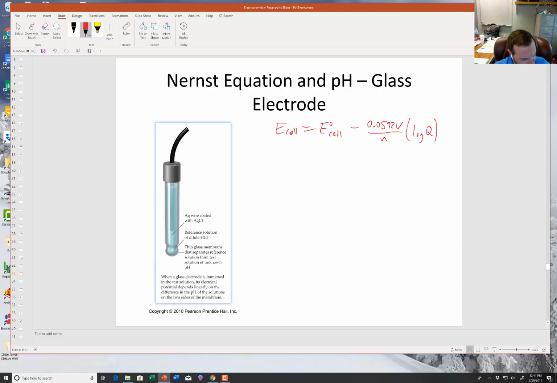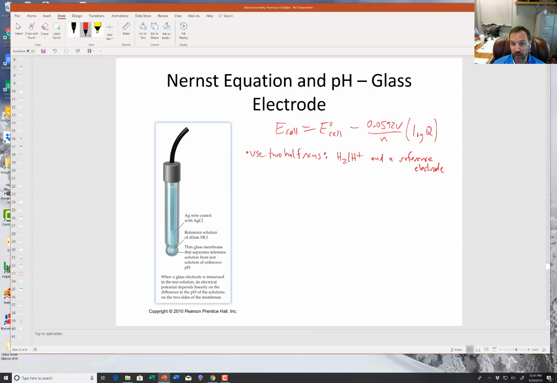Now what we're going to focus on is using two half reactions. We're going to use the hydrogen half reaction and then some reference electrode, which we'll talk about in a moment.